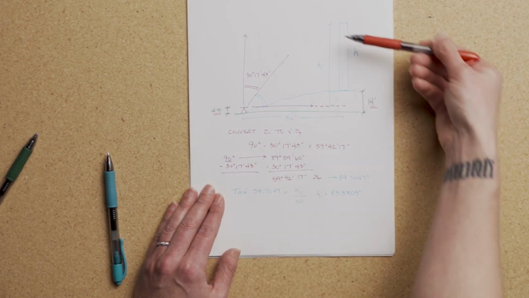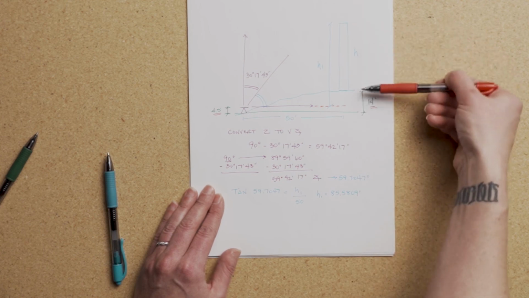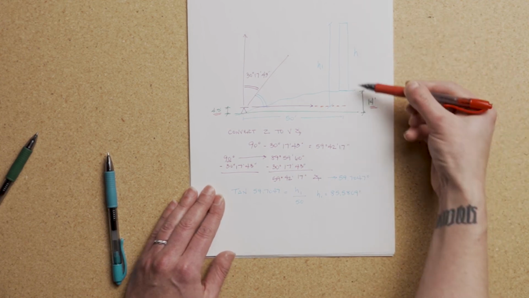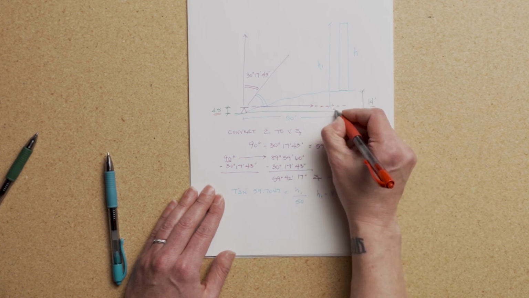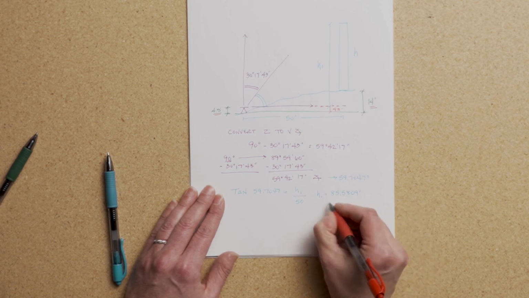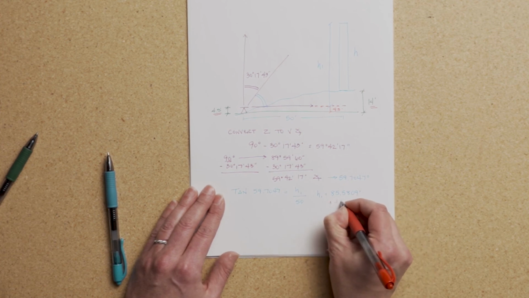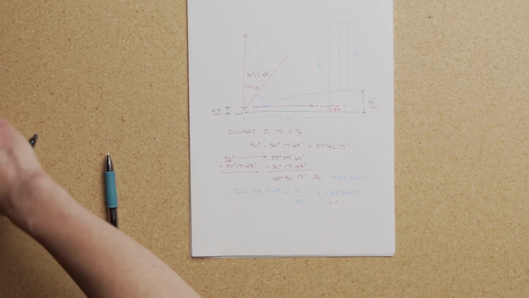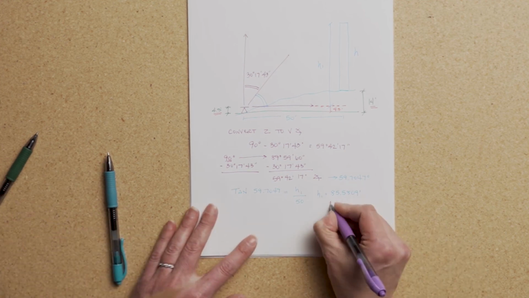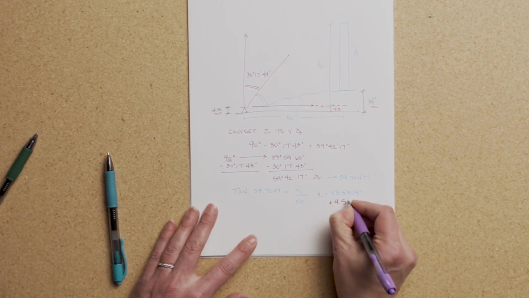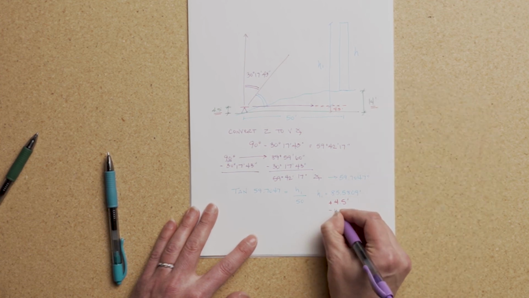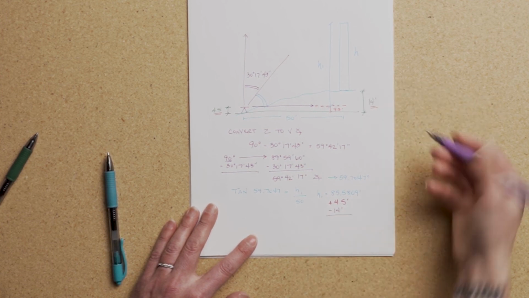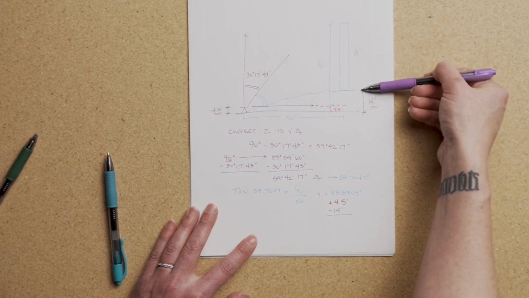So in order to go from our h1 to our h height, we first need to add in this 4.5 feet to bring it down to the base level. So add 4.5 feet. And then we need to subtract the 14 feet to get up to the remaining height that's left.